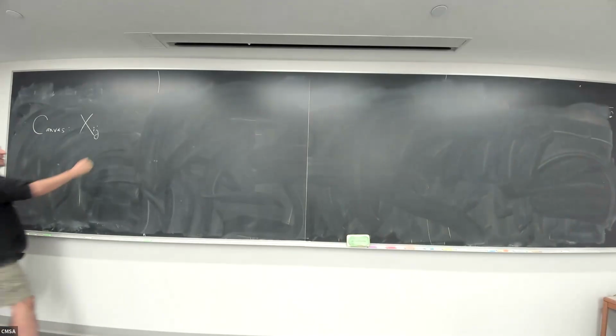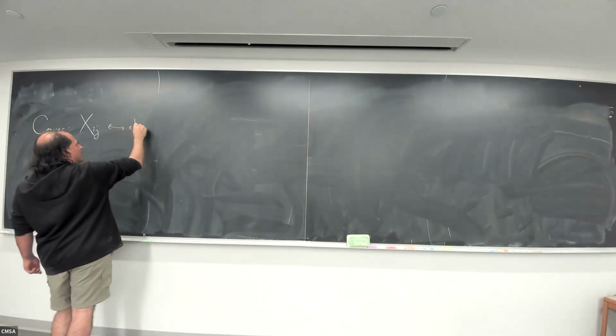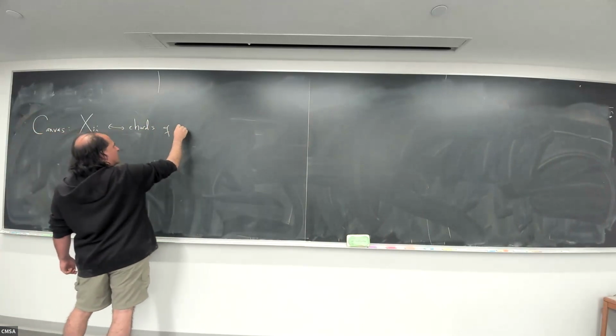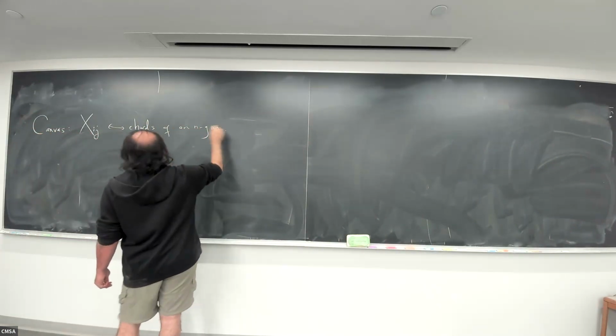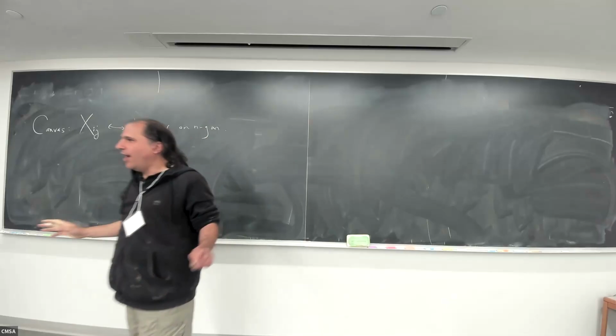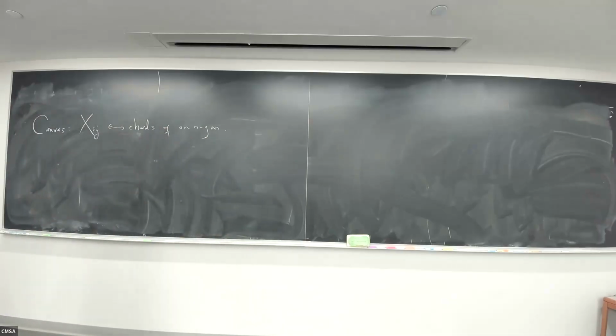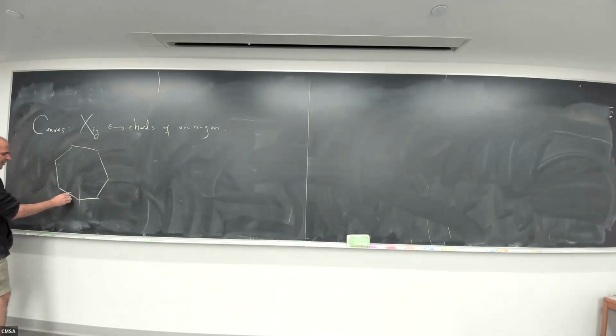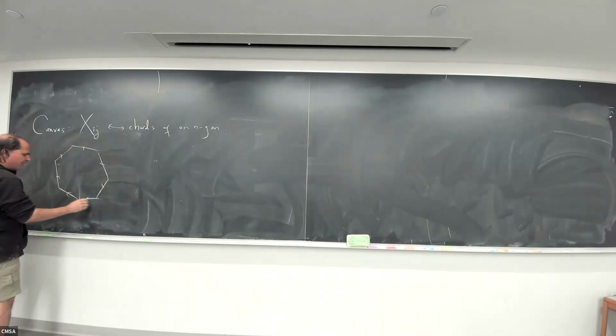Okay? But we want to think of these as associated with chords of an n-gon. By the way, now this n-gon is just a completely abstract n-gon. When I draw it now, I can draw it any way I like, because I don't have to give a picture of the momenta anymore. These x's are just the basis for all the invariants. So I just give an x associated with every chord of the n-gon. So I just draw an abstract n-gon now. The way I draw it doesn't even matter. But with every chord of this n-gon, I have a variable xij.